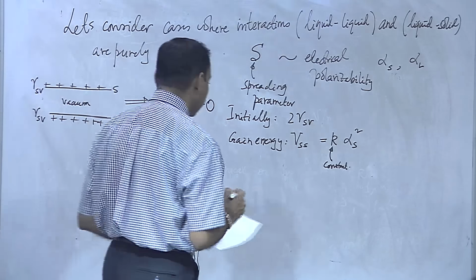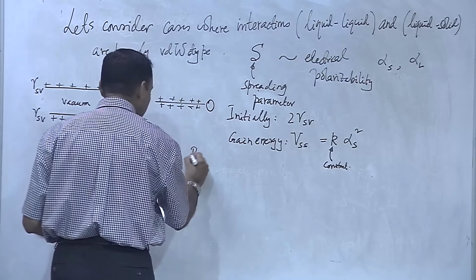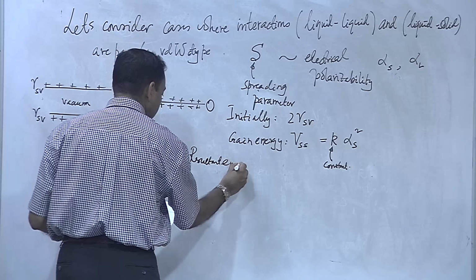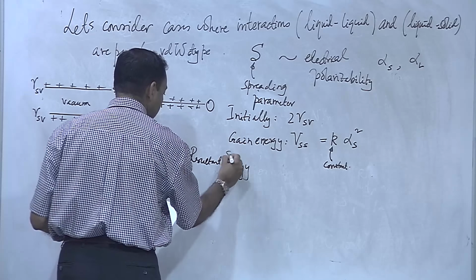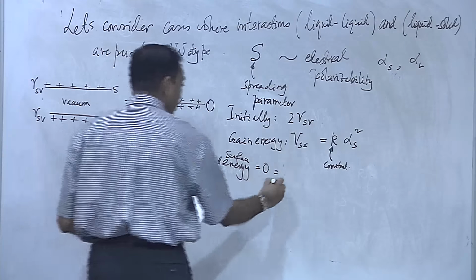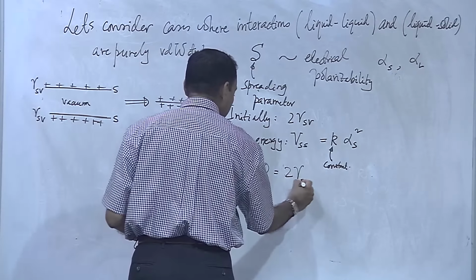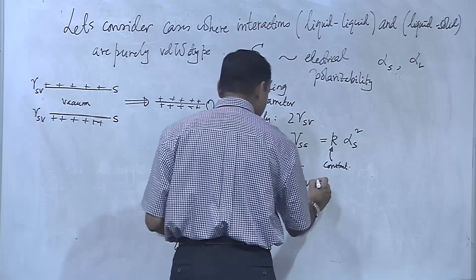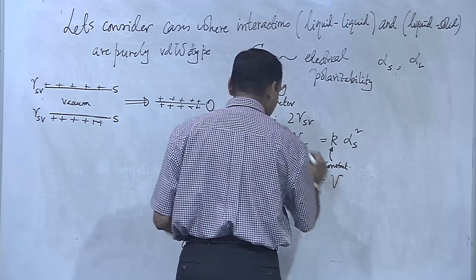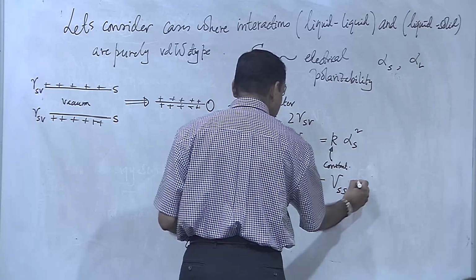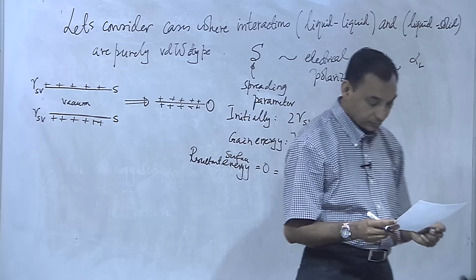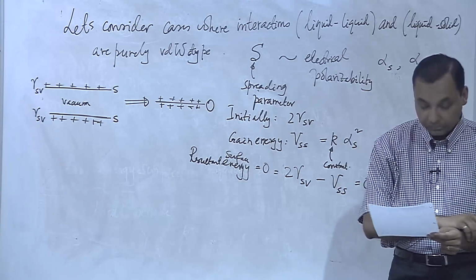So, the resultant surface energy is 0. That means 2 gamma SV minus the van der Waals VSS is equal to 0. Okay.